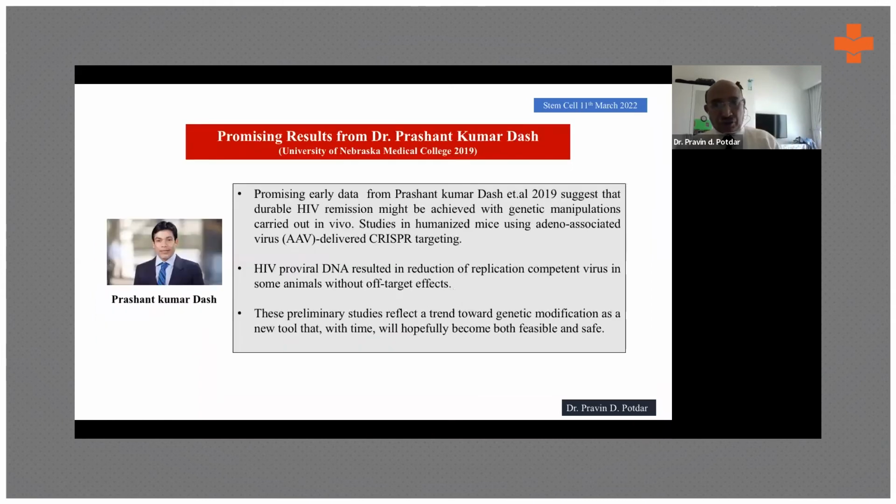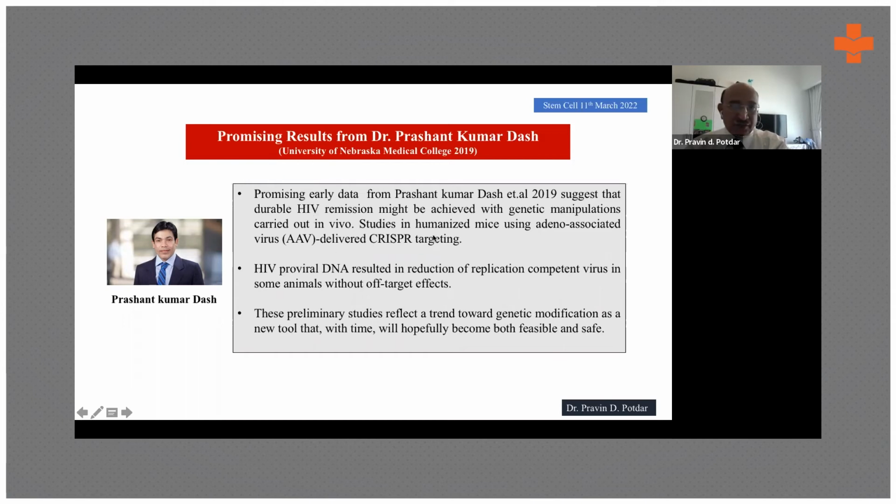This person also has worked on animals and shown promising results, Dr. Prashant Kumar Das from the University of Nebraska Medical College, 2009. Best work, promising early data from Prashant Das, 2009 suggests that durable HIV remission might be achieved with genetic manipulation carried out in vivo. Studies in humanized mice using adeno-associated virus delivery, CRISPR targeting.